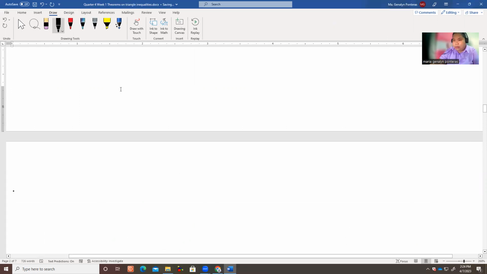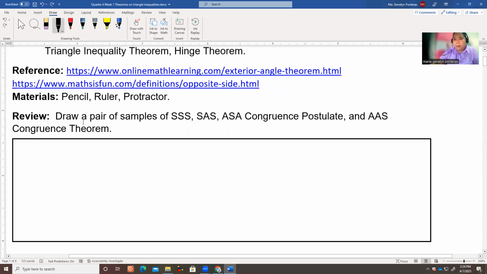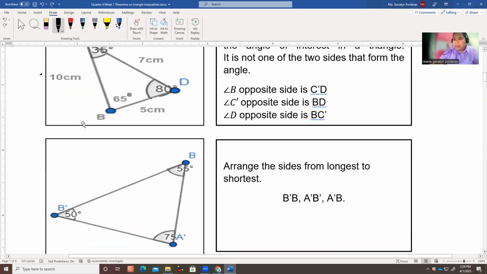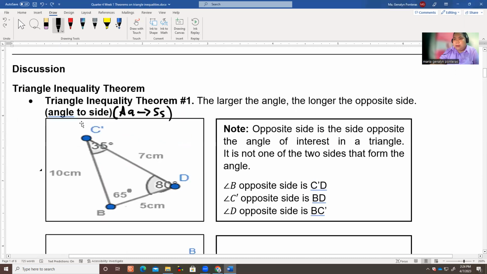So here, a large angle implies a long opposite side.